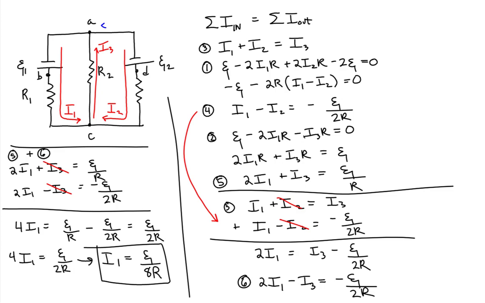And notice also how this current is a positive current because the EMF of battery 1 is a positive EMF, the resistance is positive, so my current is positive. What this means is I chose the correct direction for current 1.